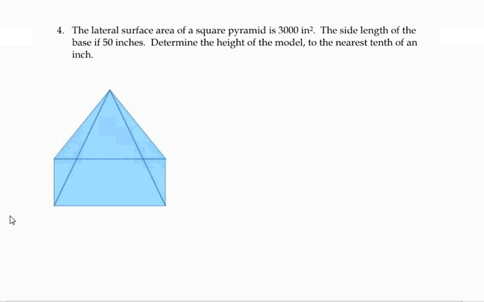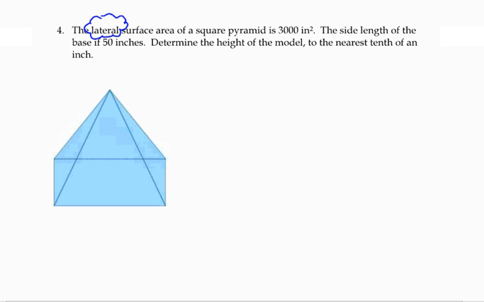The lateral surface area, keyword lateral. What does lateral mean? All faces but the base. Everything but the base of a square pyramid is 3,000 inches squared.